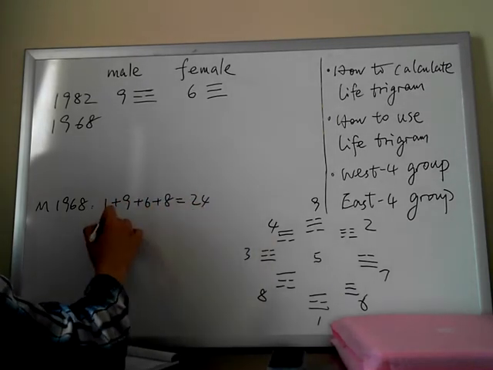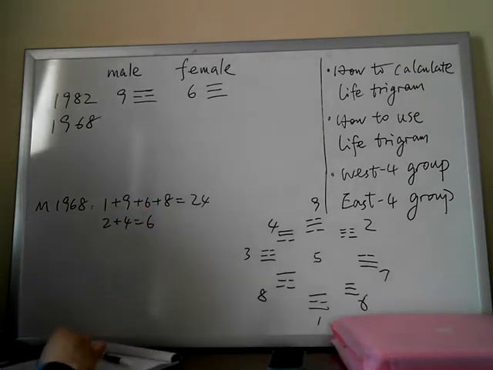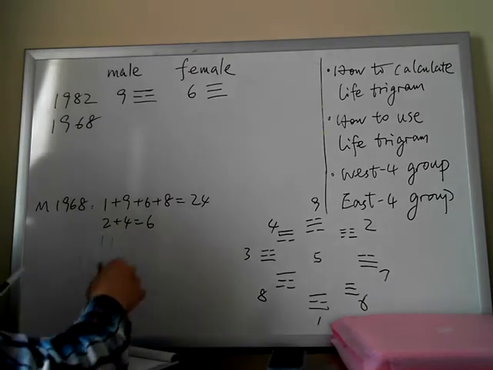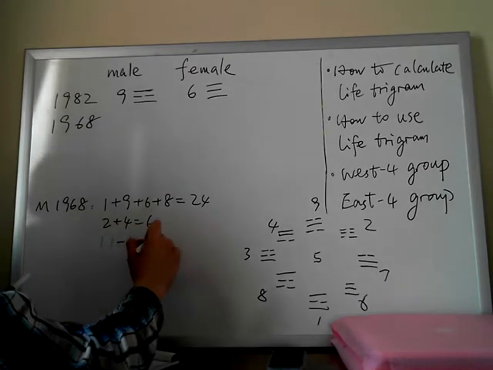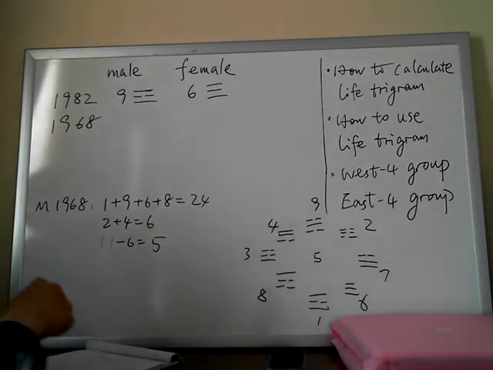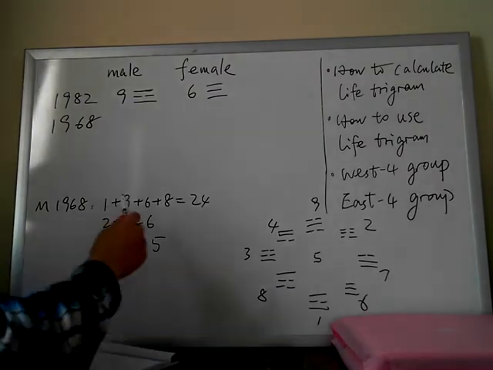Add 2 and 4, the output gives you 6. Then use 11. Subtract 6 from 11, gives you 5. Don't ask me where the 11 is from. There's a reason behind it, but I'm not going to teach you this right now.